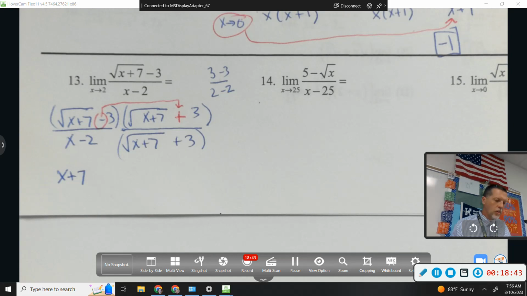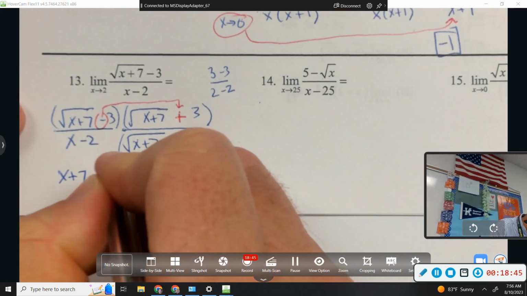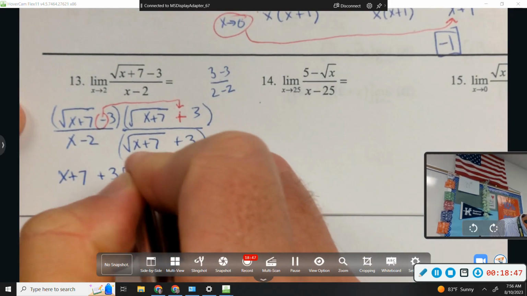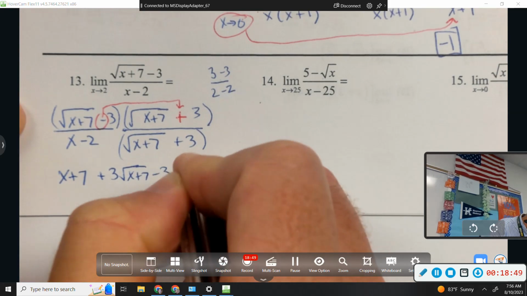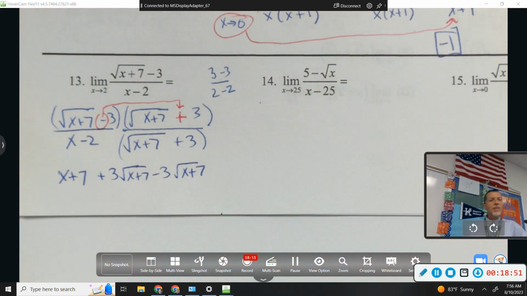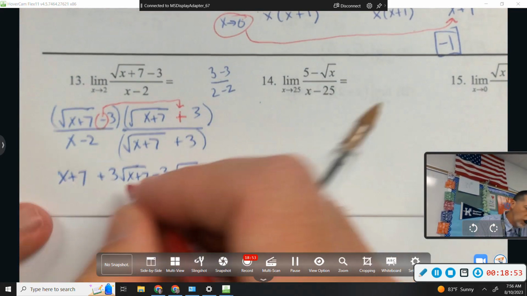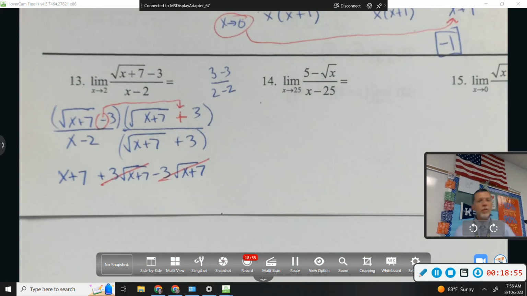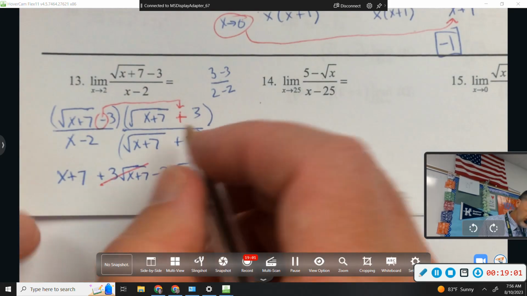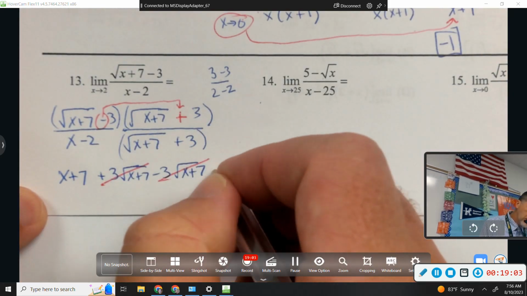So I guess it's the first one, I'll show it. But the hope is you recognize and understand that by multiplying by a conjugate, the O and the I cancel. That's why you multiply by a conjugate. And so you don't really have to show that. We just understand that that's going to go away. And then negative 3 times 3 is negative 9.